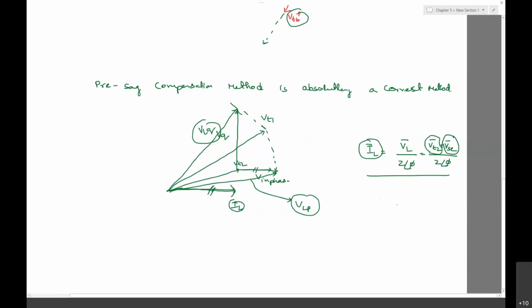VT2 plus VSC, maybe you can take it as the VT voltage is 0.5 at an angle of 0, plus 0.5 at an angle of 0, by Z at an angle of phi. What we get is 1 by Z at an angle of minus phi.